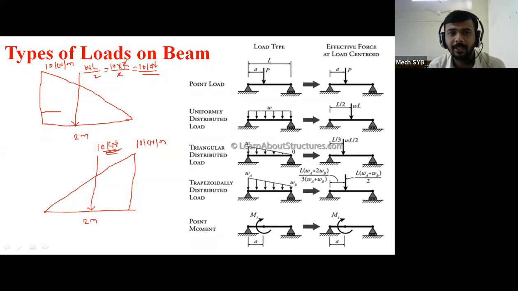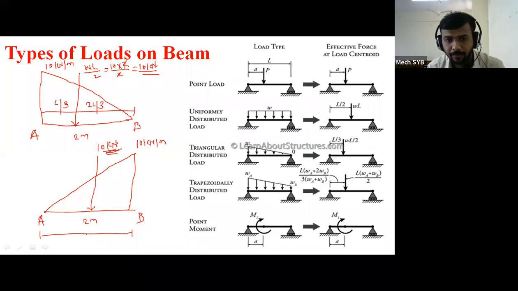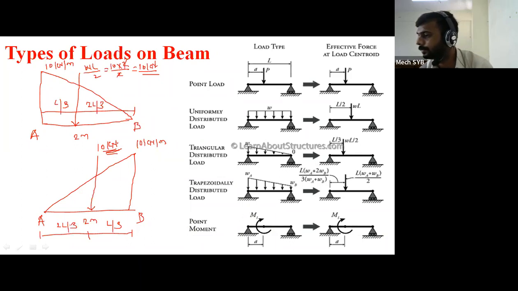So the distances will be, see, this is point A, this is point B. For the first figure, it will be L by 3 and this will be 2L by 3. And for the second figure, this will be L by 3 and this will be 2L by 3.